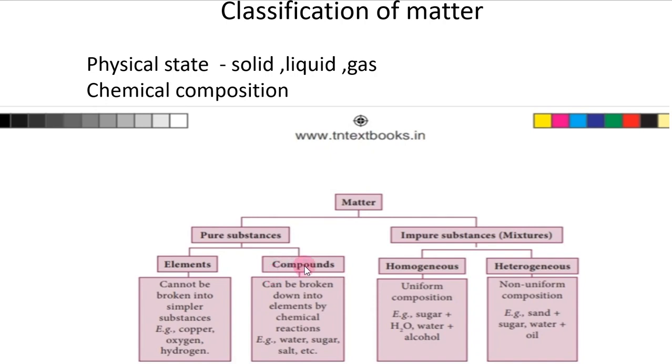These compounds can be broken down into elements by chemical reaction. Examples: water, sugar, salt, etc. These we can break down using chemical reaction.